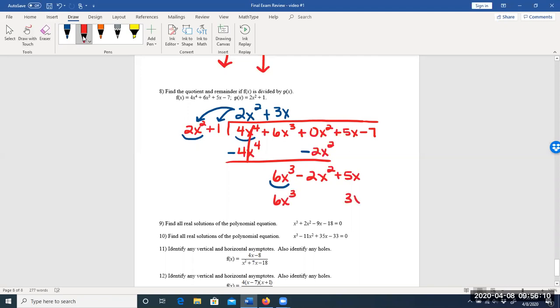And I get 6x cubed and a positive 3x. But I'm going to make both of those negative, because if I change the signs, then I'm able to add down. You could also leave the signs the same, but then you would subtract down.